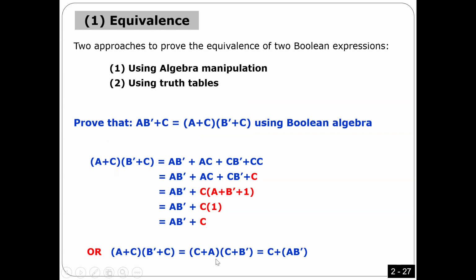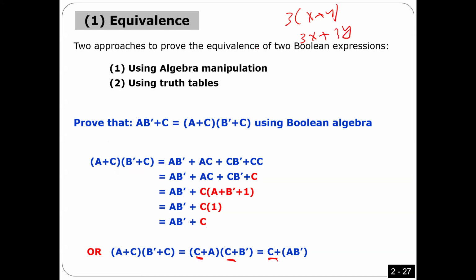I made it this way so that you can notice that C here is a common factor, and I can take it out. So this one becomes C or A B prime. So it's also distribution. And remember, I told you this is a tricky one because we don't have this in normal algebra. In normal algebra, if you have 3 times x plus y, I can say 3x plus 3y.